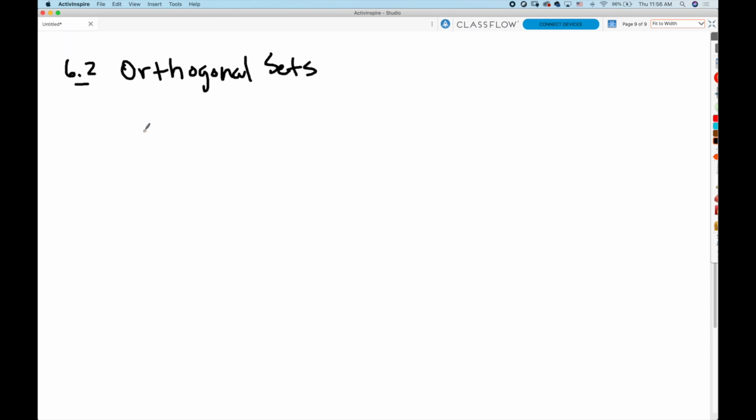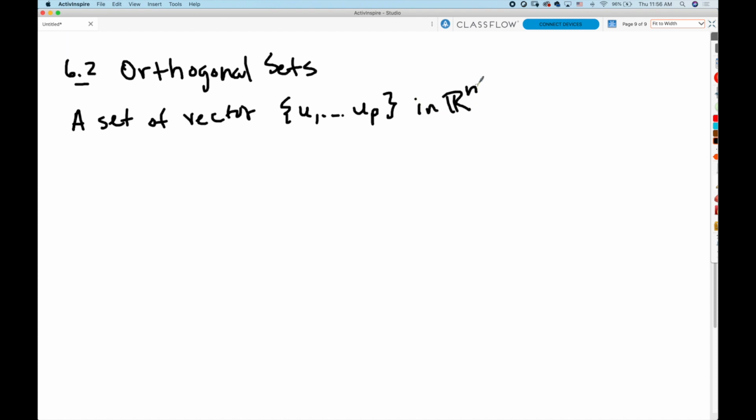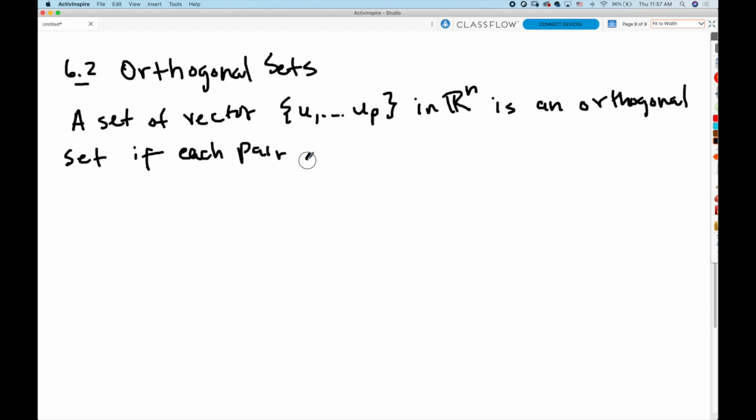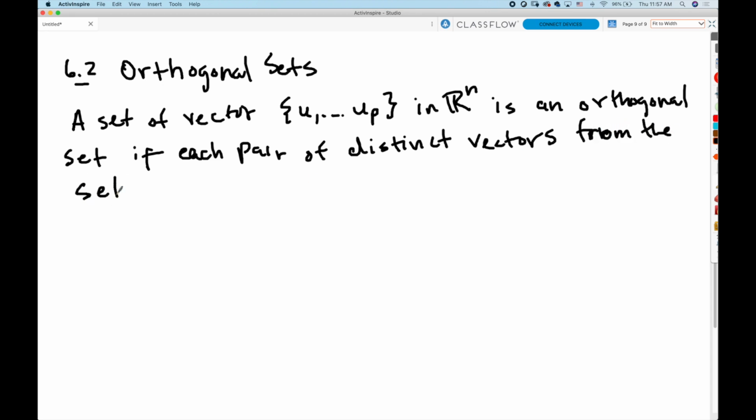A set of vectors u1 to up in Rn is said to be an orthogonal set if each pair of distinct vectors from the set is orthogonal.